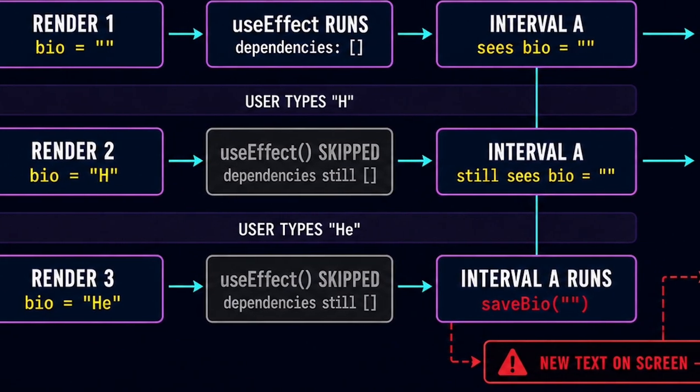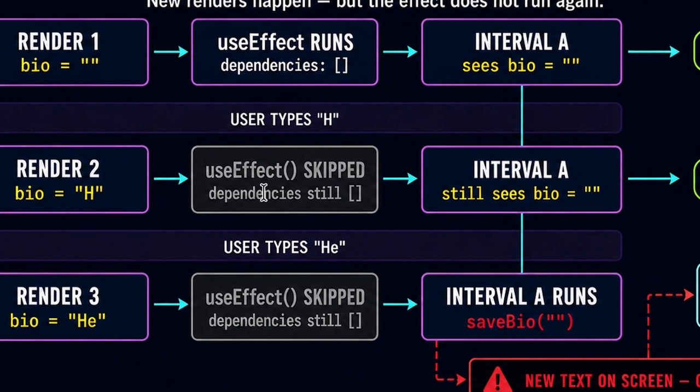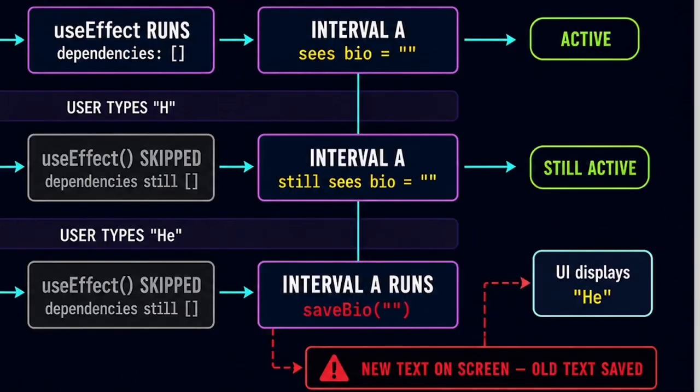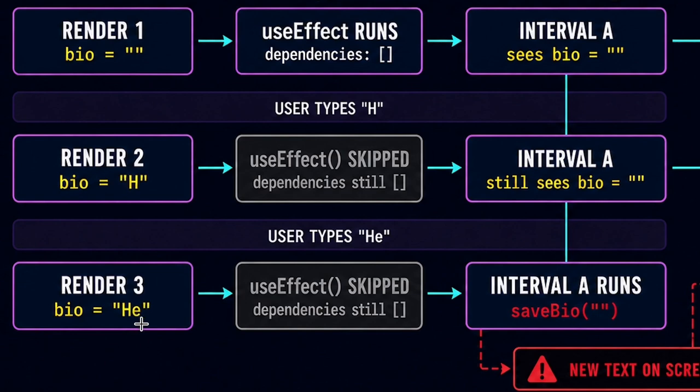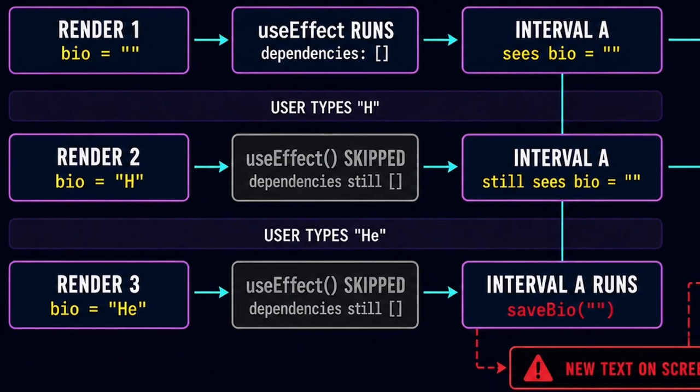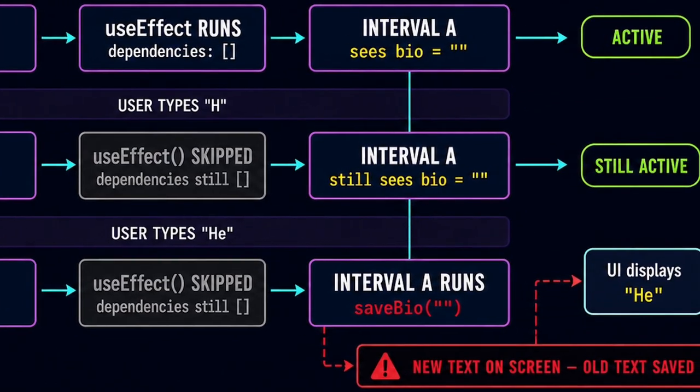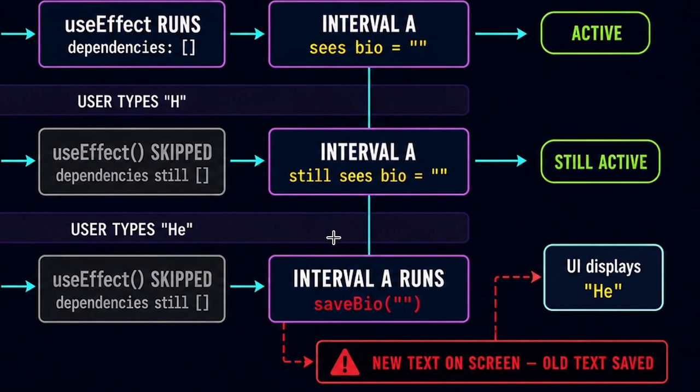Render 2 is when the user types something, but the useEffect is skipped because if we don't specify a dependency, it will never rerun, which means the leftover interval A still sees the bio as empty, and therefore it's still active. Render 3, when the user types in something again, from here to here is 5 seconds, so it saves the bio to the database, which is empty.